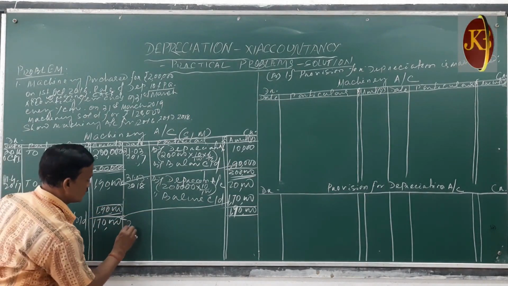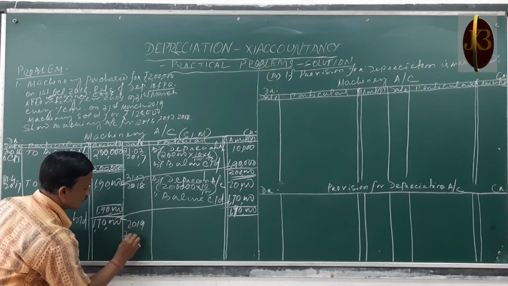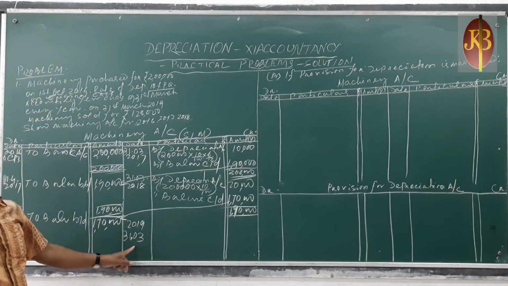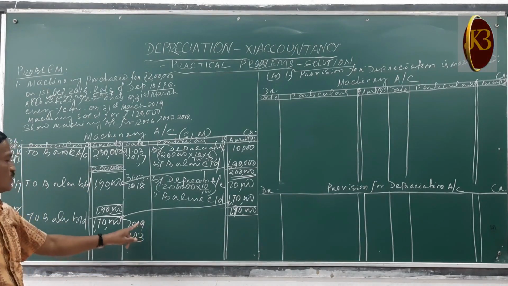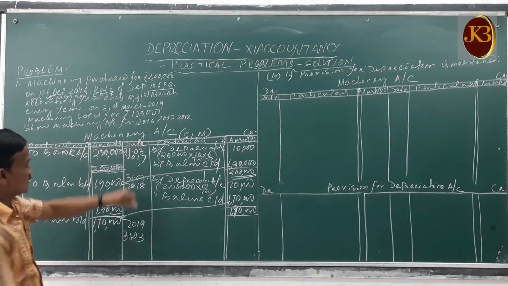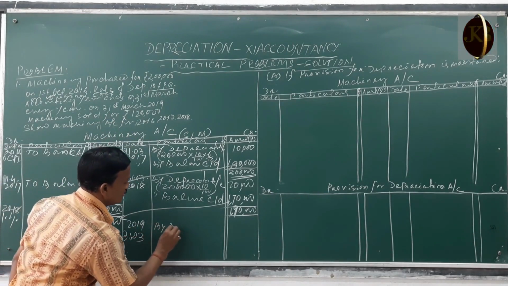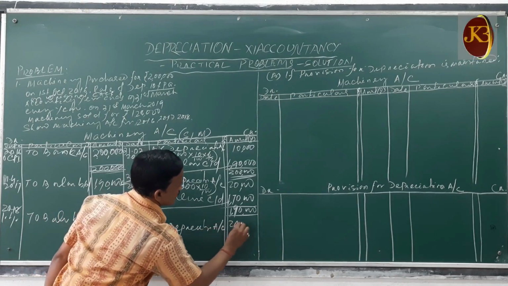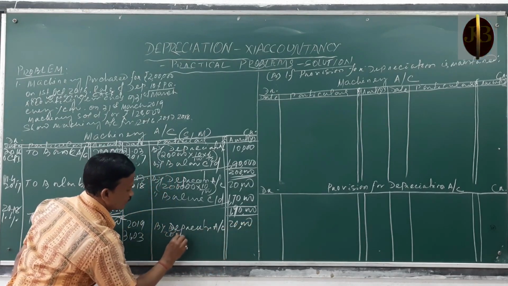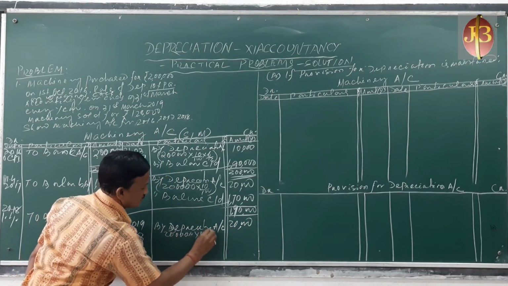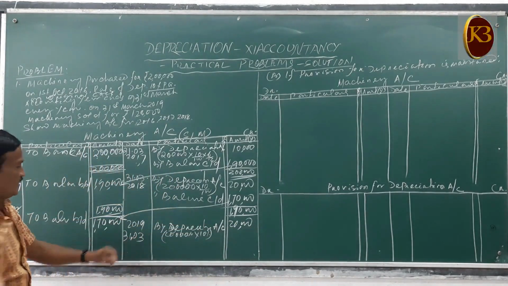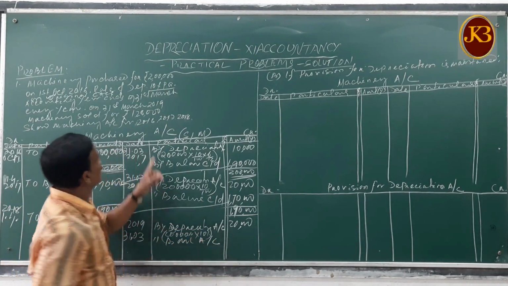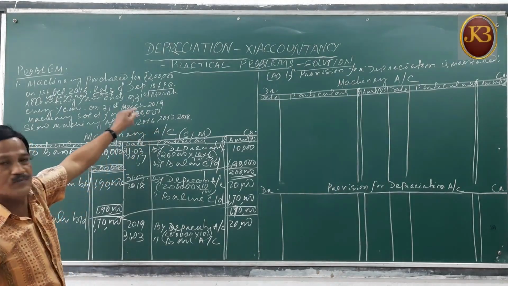Now 31st March 2019. First you charge the depreciation, by depreciation account, that is 20,000, because 10% of 2 lakh is 20,000. Then by bank account, machinery sold for 1,20,000 on 31st March.